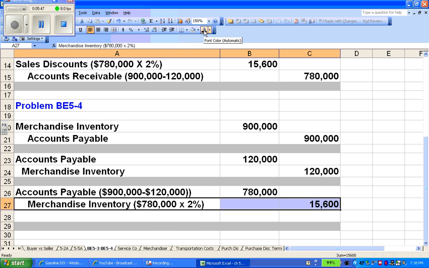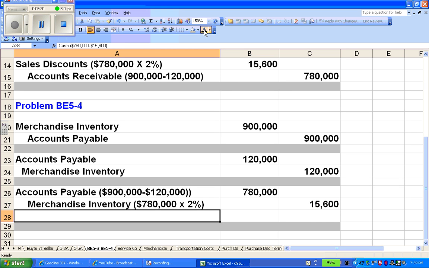So here's my merchandise inventory, and I'm crediting my inventory account for that purchase discount that I'm taking, the 15,600. Again, as the purchaser, when you take a discount, you're going to affect your inventory account. As the seller, when you grant a discount to the buyer, you're going to record that as a sales discount. Two different views of the same item.